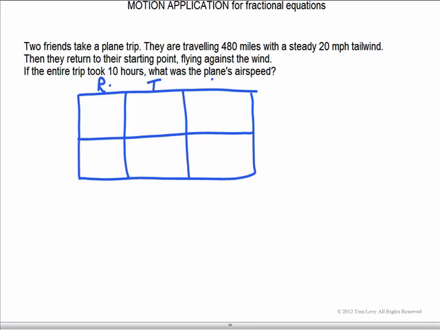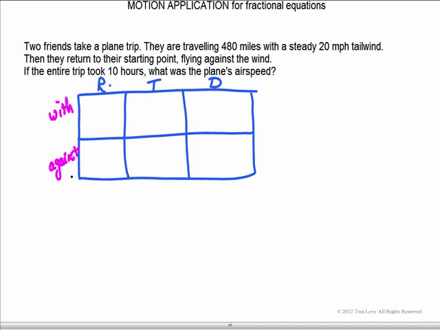Rate times time equals distance. And I'm going to put entries in this table. The first will be with the wind, and the second will be against the wind, meaning against being against the wind.